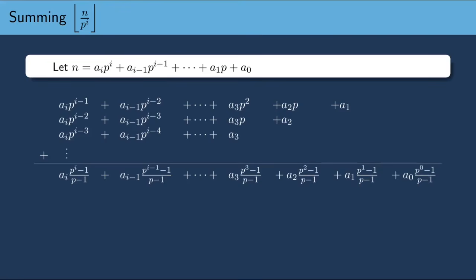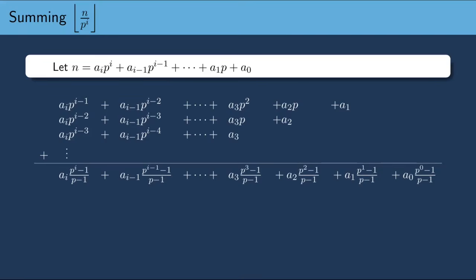And finally, I'm actually going to want to include an a sub 0 term in here, following the same pattern, a sub 0 times p to the 0 minus 1 over p minus 1, which is of course just 0, but it's a 0 with a purpose.